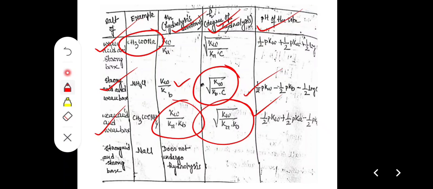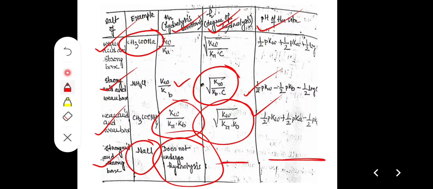Last one, strong acid and strong base. For example NaCl, from sodium hydroxide combined with hydrochloric acid. Both are strong acid and strong base, so they completely dissociate into cations and anions. Kh does not undergo hydrolysis, so h and pH are none.